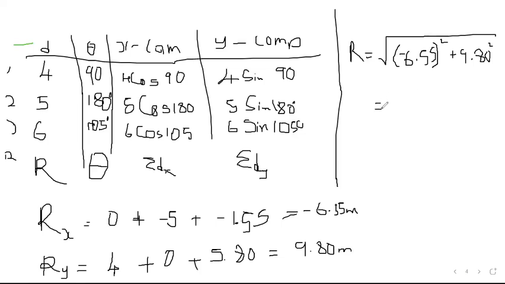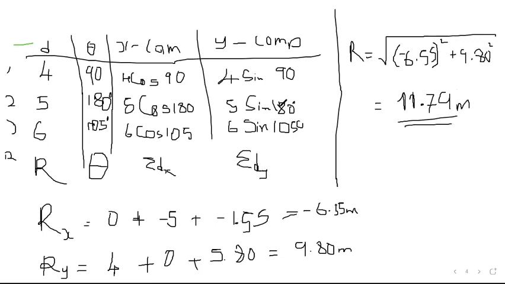So the magnitude of the resultant will be the root of 6.55 squared plus 9.8 squared, which is going to give us 11.79. This is going to be in meters.